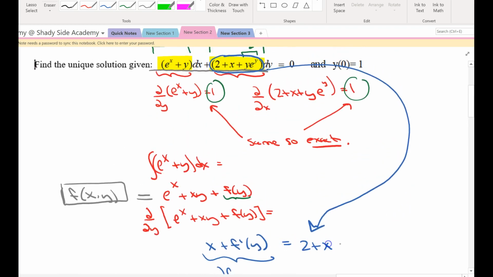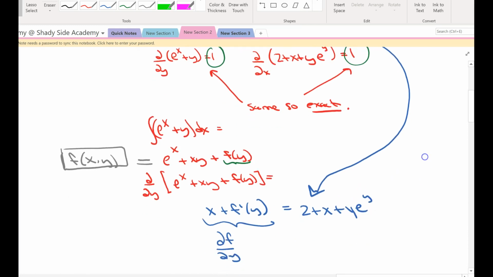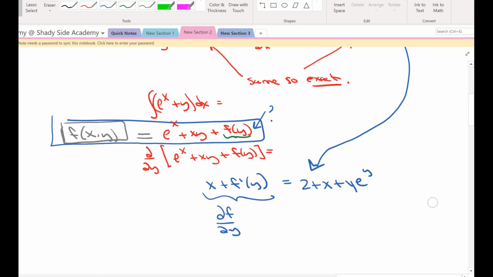2 plus x plus y e to the y. Very good. So in order for us to find in the end what f of xy is, we have to figure out what f of y is. That's the big unknown, right? Well, let's see. I see that x and x are accounted for here, but what is f prime of y? Well, f prime of y equals 2 plus y e to the y.